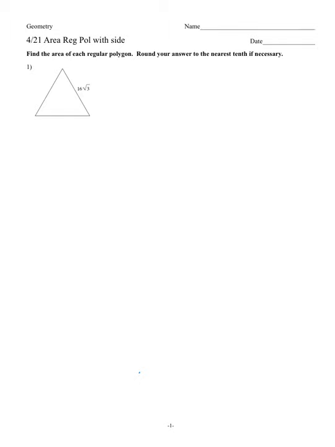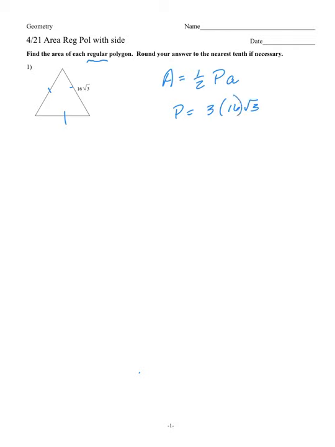If it's a regular polygon, that means that all these sides are equal, which we talked about yesterday. So I can tell you that if you're finding the area, it's 1/2 perimeter times apothem, then we already know that the perimeter is 3 times 16 root 3.